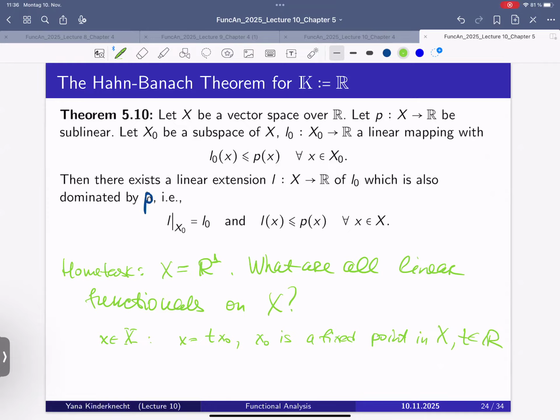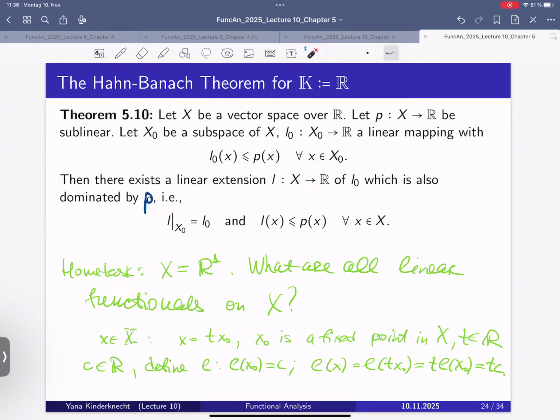We take any c in R and define L such that L of x0 is just c. Then by linearity, L of x is L of t x0, which is t times L of x0, and this is just tc. That's all. So these are all possible linear functionals.